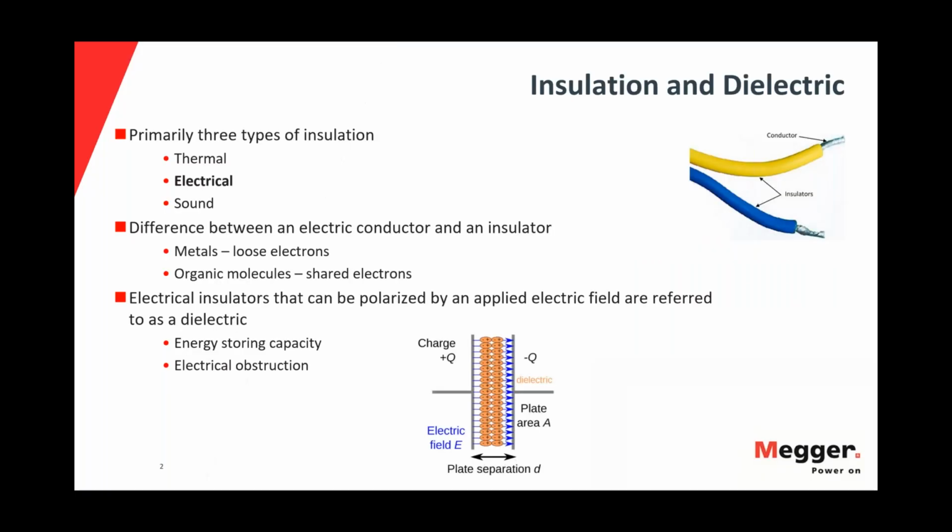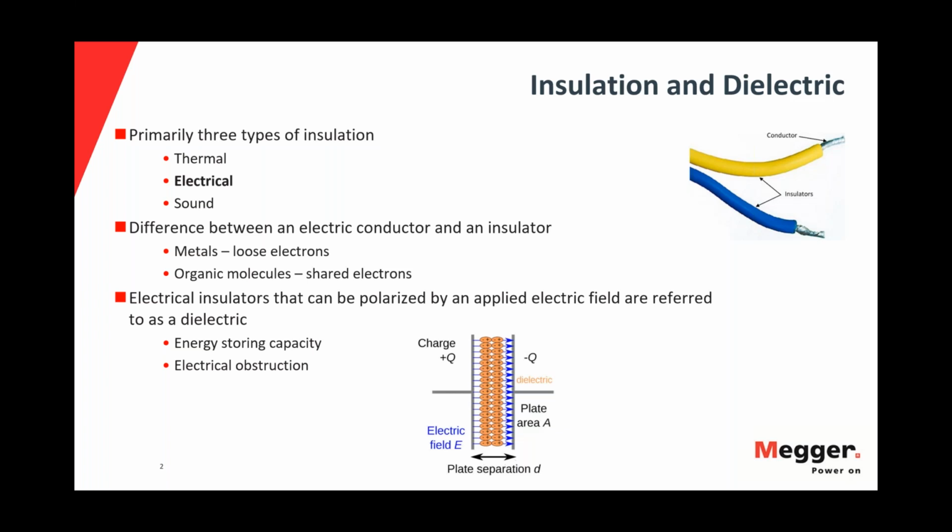So basically, talking quickly about insulation and dielectric, there are various type of insulation: thermal insulation, electrical, and sound insulation. When it comes to electrical insulation, keep in mind that there is a difference between electric conductor and insulator, where in metals they have loose electrons, while in organic molecules they have shared electrons.